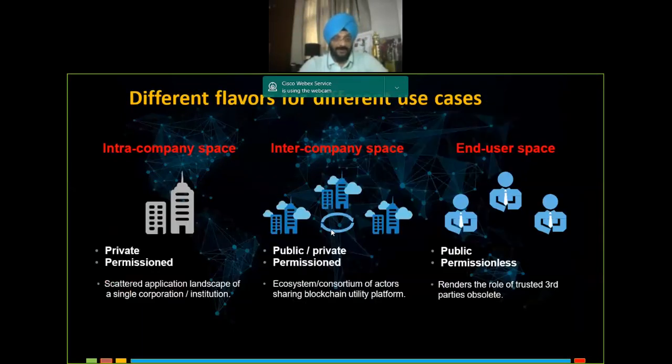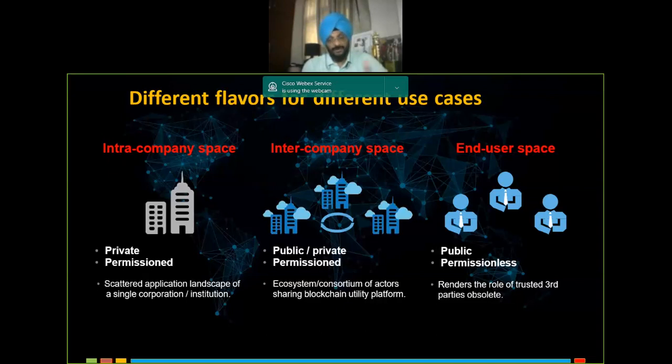So intra-company, within a company itself, you have a private and permissioned blockchain. So you have the scattered application landscape of a single institution or corporation. Then you have the intercompany space, that is two different companies. So you have public or private, both of them can exist, and this ecosystem of consortium is basically sharing a blockchain utility platform.